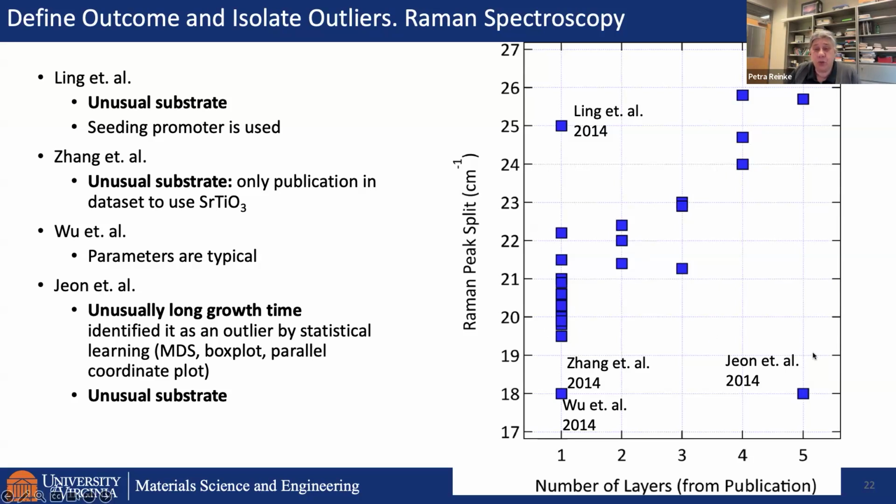And we have those who claim multi-layer, but their peak split is much, much smaller. So that's when you get your outliers. Even something which is recorded by everybody, we went in and looked at the spectra and compared them to the interpretation given in the publication. And even with Raman peak split, you can have strain in the samples, which throws off your number of layers interpretation.